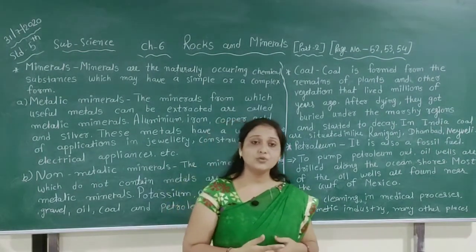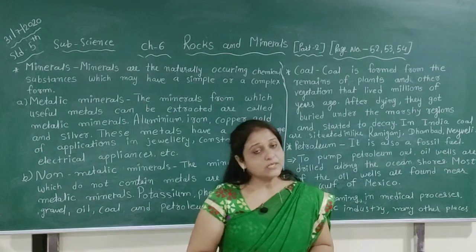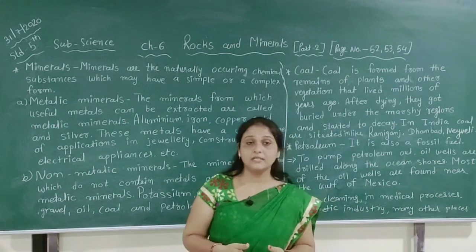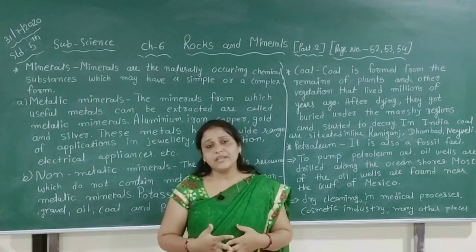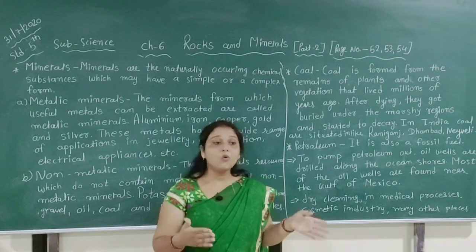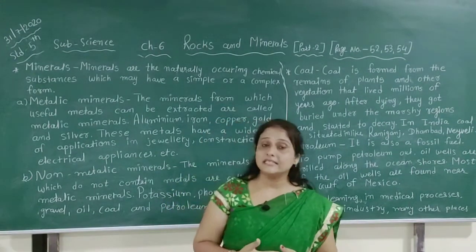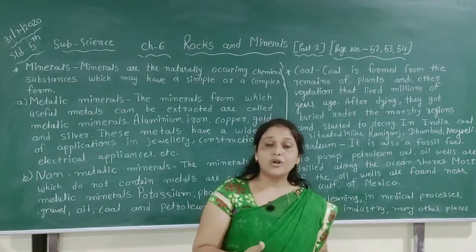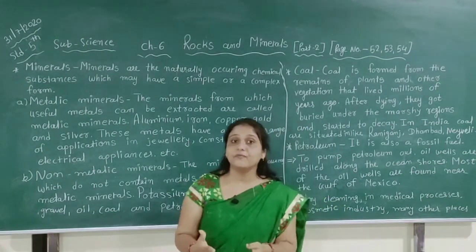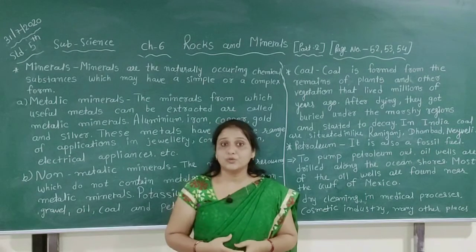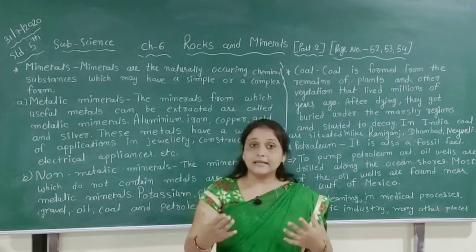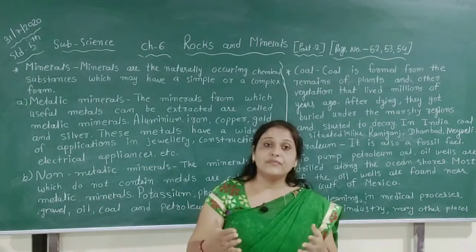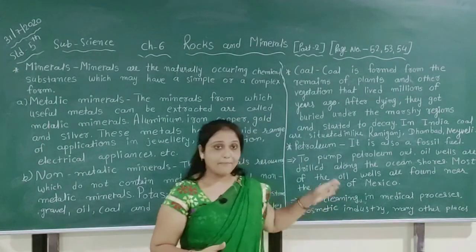So we use different types of vehicles in our life, and how will we drive these vehicles? For using these vehicles, we want fuel, we want petrol. Some cars also use diesel. And how do we get this type of fuel? We get this fuel from petroleum.